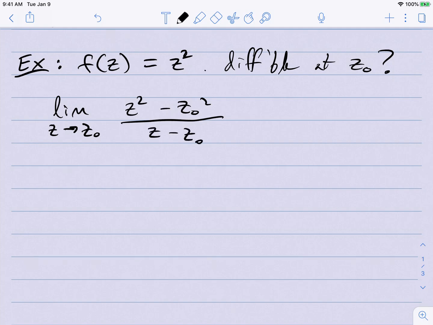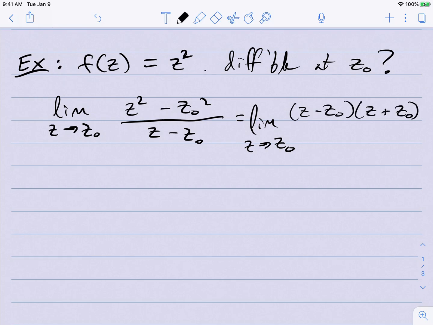And I can factor the top. So I've got the difference of squares, so this is equal to z minus z naught times z plus z naught over z minus z naught.